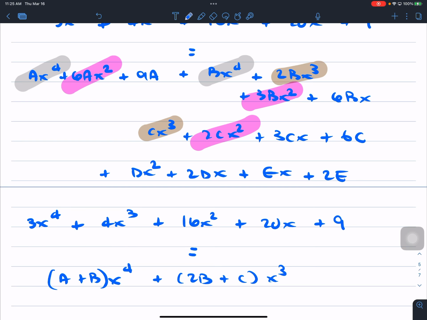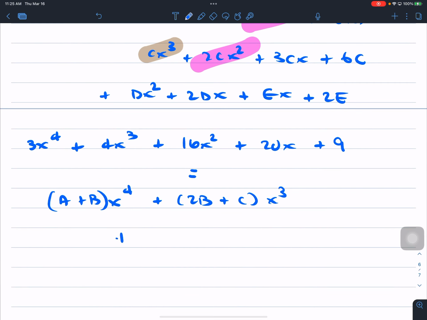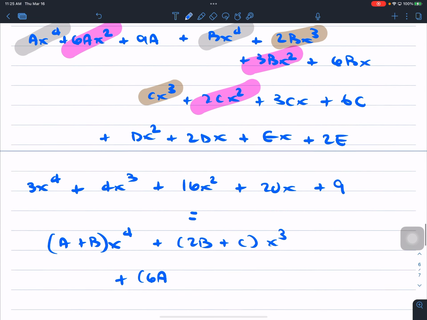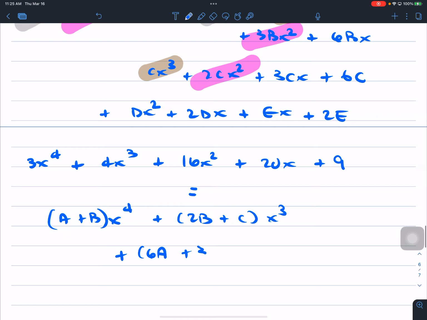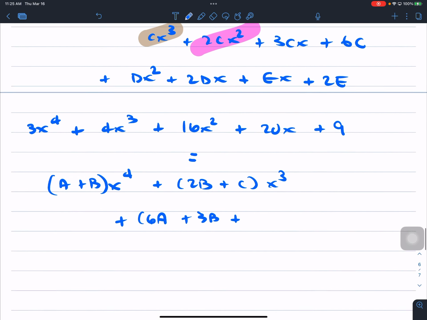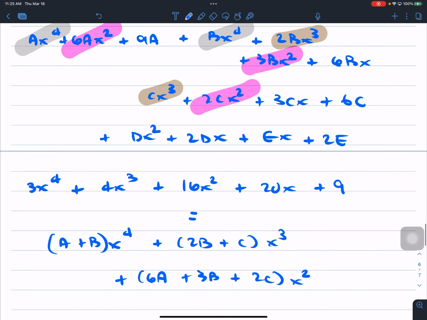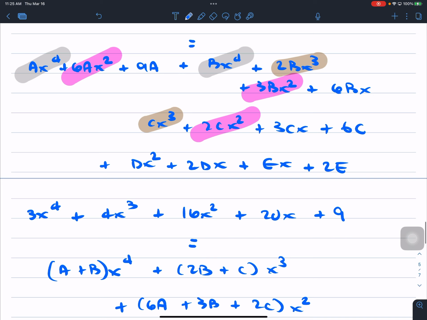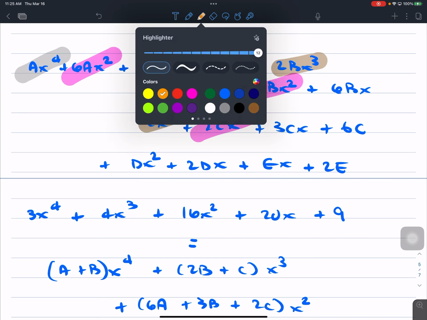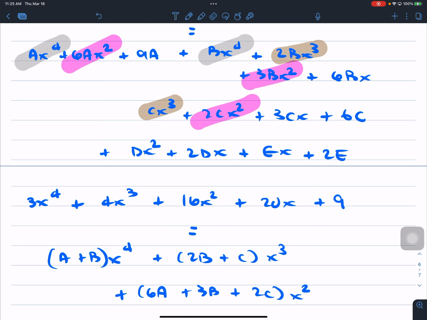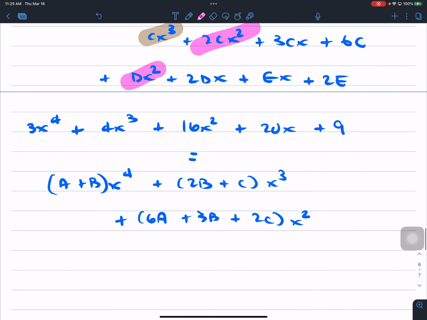So what do you guys think you're going to say? This is going to be what? Isn't that (6a plus 3b plus 2c) x squared? We forgot what? Guess what we forgot? dx squared.